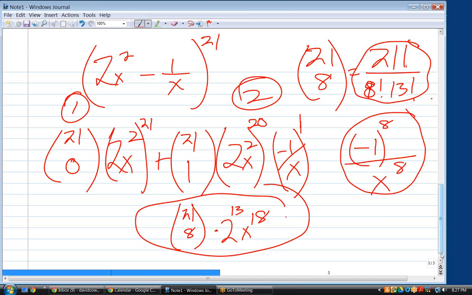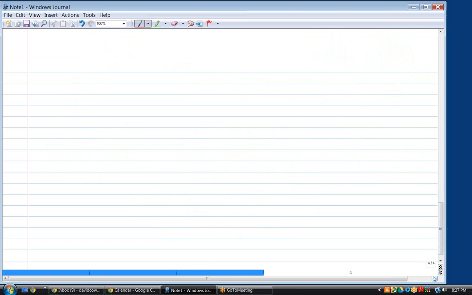All right. What else you got? Let's see. One of those that are like find the coefficient of a certain exponent. Actually, it's a different one.